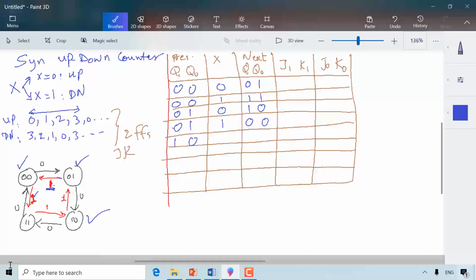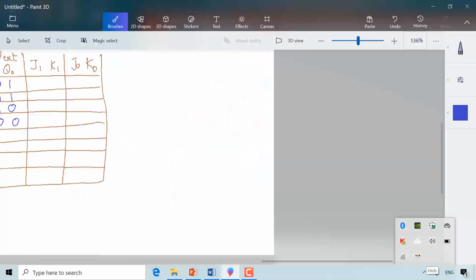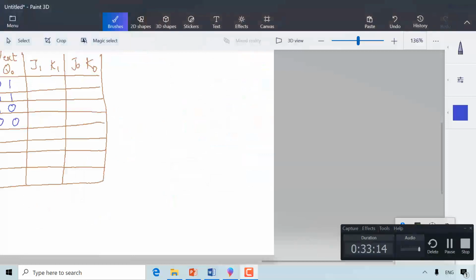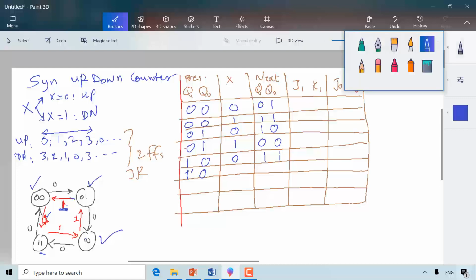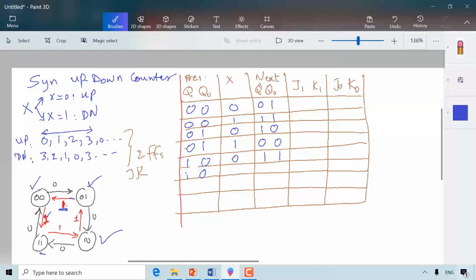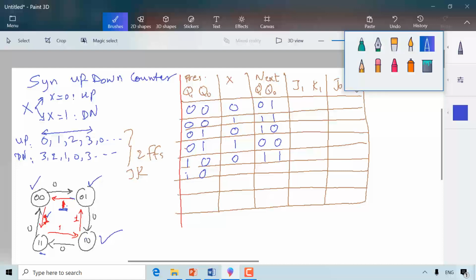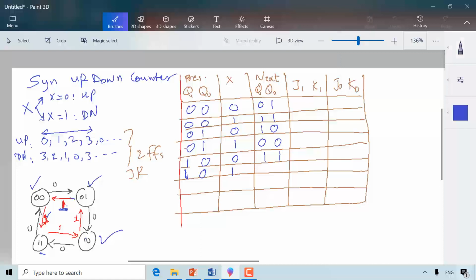If I'm in state 1, 0 and I have a 1, I go to 0, 1.